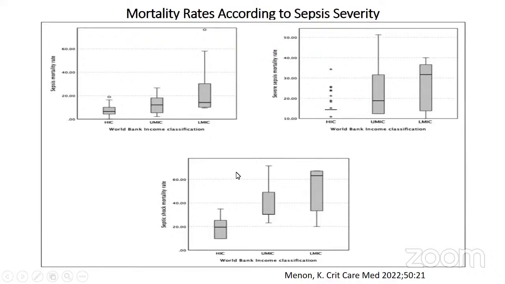The first one is sepsis mortality, this is severe sepsis. And if you've got a patient with sepsis and septic shock, even in high income countries the mortality is 20%, and then that goes up to about 40%. In low and middle income countries, that mortality goes up to more than 40%, 40 to 60%. So sometimes how these patients present is associated with high mortality.